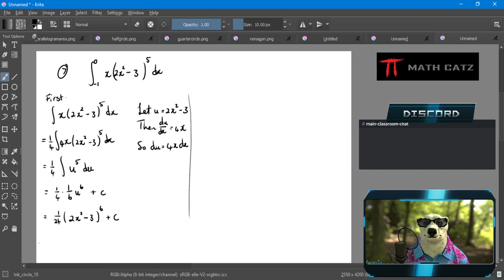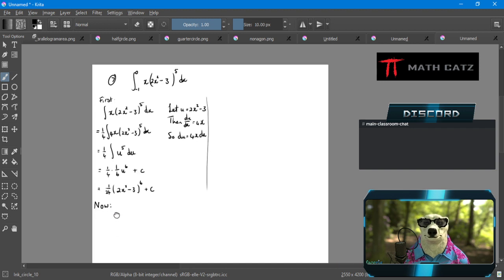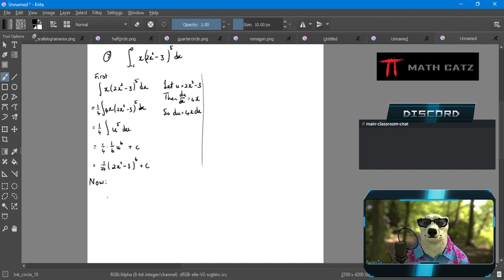So now I can say that, let me just make some space here. Now I can say that my definite integral original question, which was this one, is an antiderivative, which I found separately, with a -1 and a 0 plugged in.